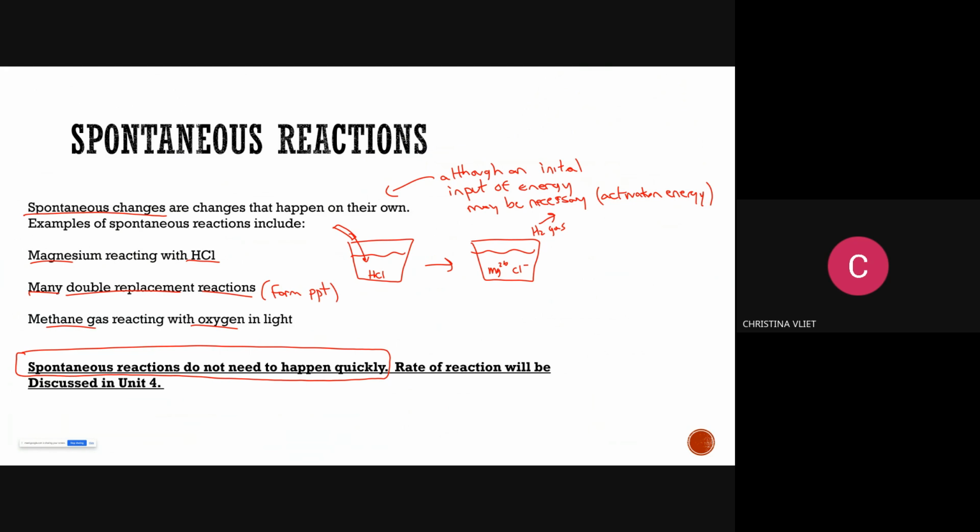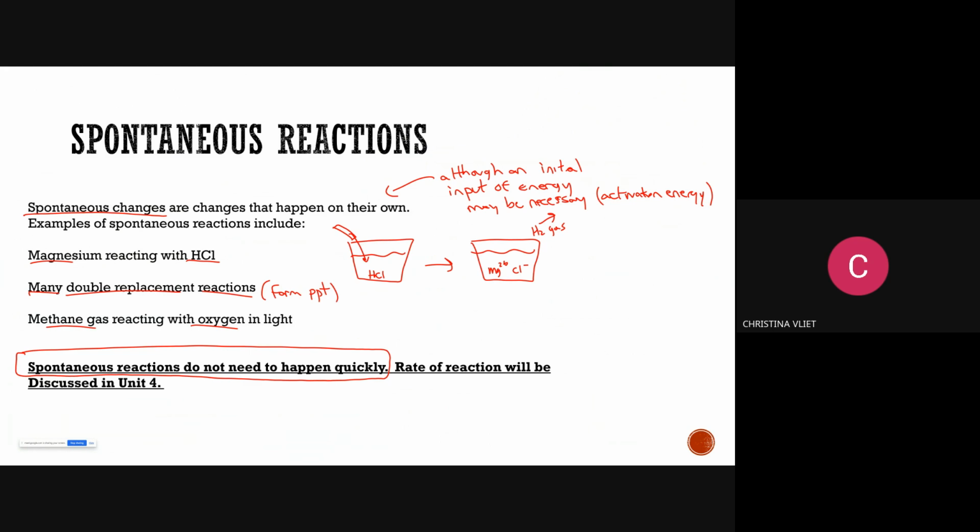It does not need to happen quickly. It could take weeks, months, years. An example is magnesium in cold water. If we place magnesium into cold water and come back months later, it will have reacted. It's just such a slow reaction that you can't tell by looking at it that it's happening.